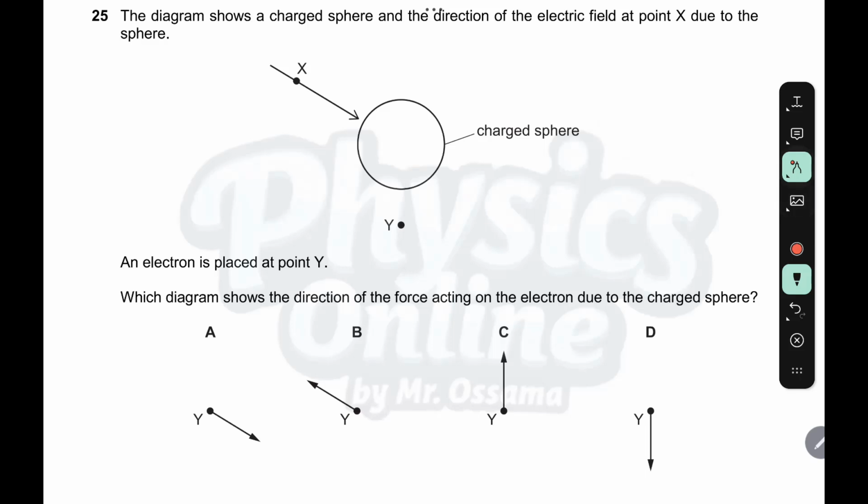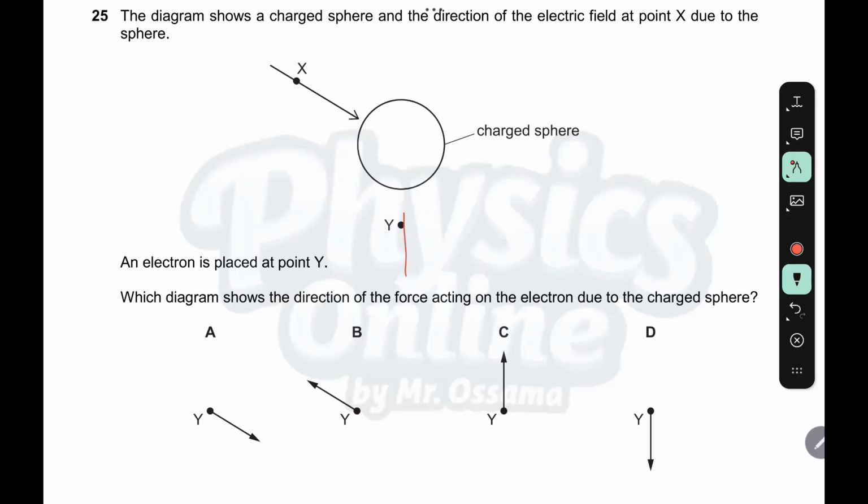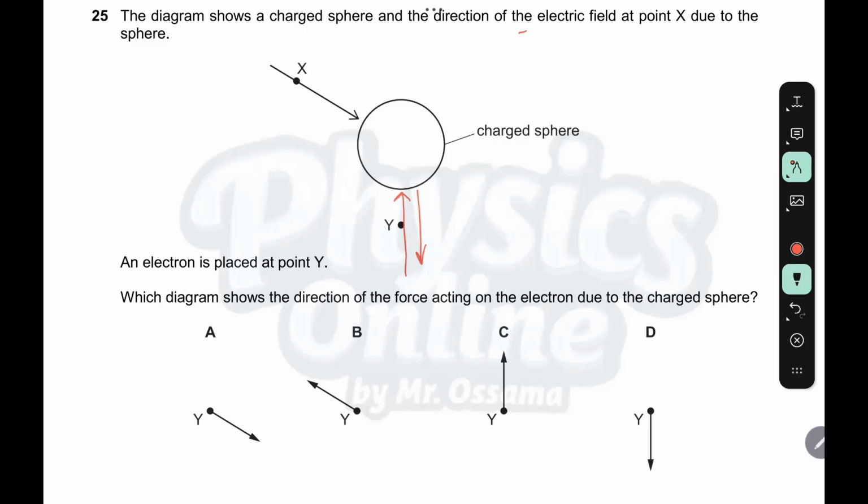The direction of the electric field lines shows the motion of a positive charged particle. This is the definition of the electric field lines. So at Y, the direction for a positive charged particle is towards the sphere. But an electron is negative, so it will be the opposite direction. So the answer is D.